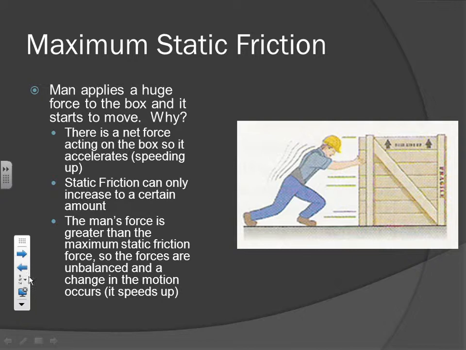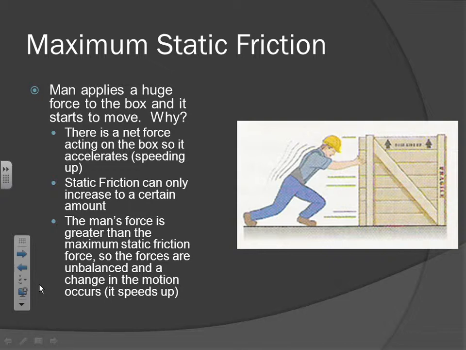We refer to that amount as the maximum static friction. Once you apply a bigger force than the maximum static friction, now there's a greater force one way than the other, and that results in acceleration.